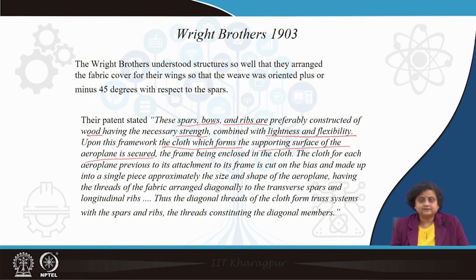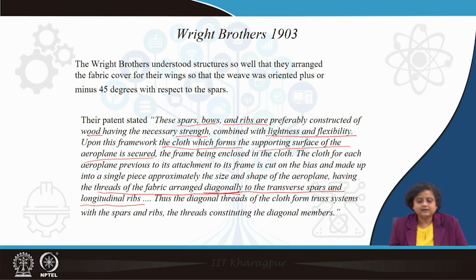They had such good understanding that while they wrapped the fabric or the cloth over the airframe, they made sure that the threads of the fabric are arranged diagonally to the transverse parts and the longitudinal ribs. This is because the threads of the cloth are much stronger along their length than in the other direction. So, they intentionally put the threads at 45 degrees, or diagonally, so as to resist the shear force.